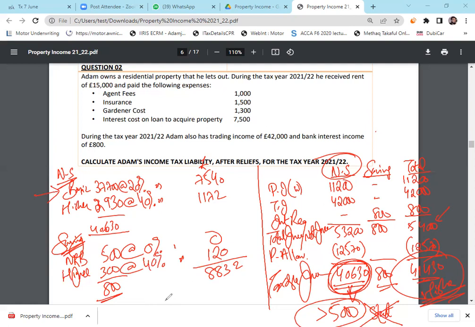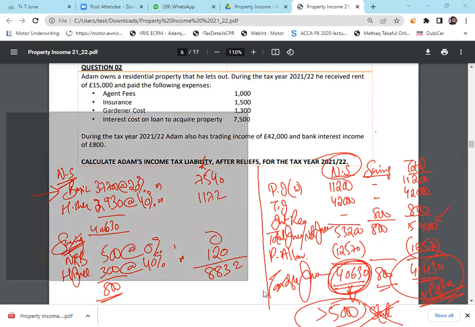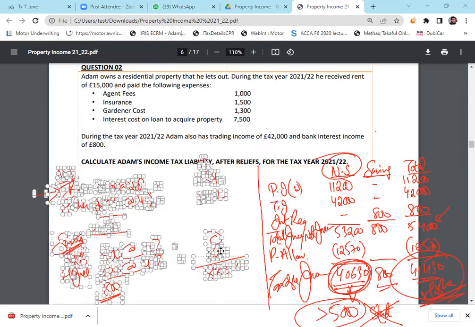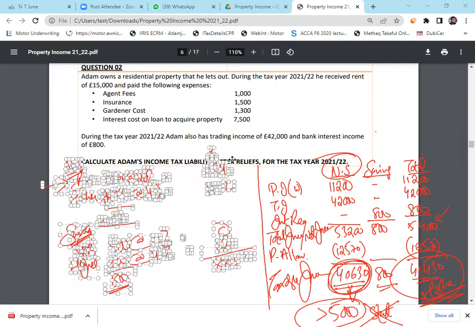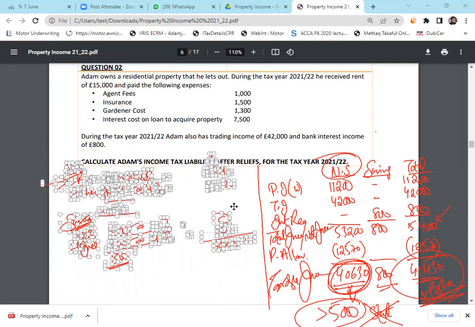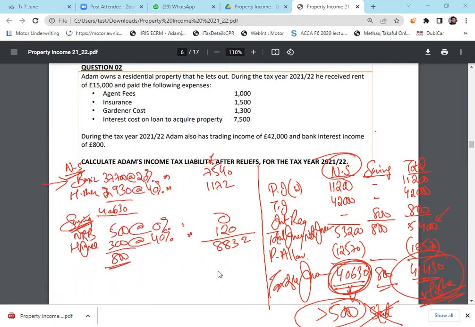Earlier, when we started studying this topic, this was called income tax liability, right or wrong? But now we learned interest on loan which we paid in order to acquire property. So if interest on loan to acquire property is given, there is a relief available, and this relief will be deducted here.